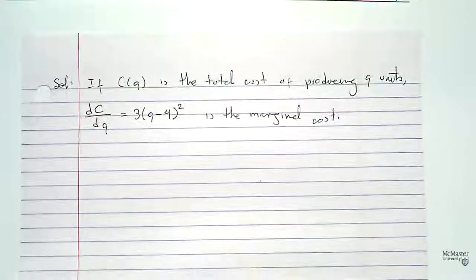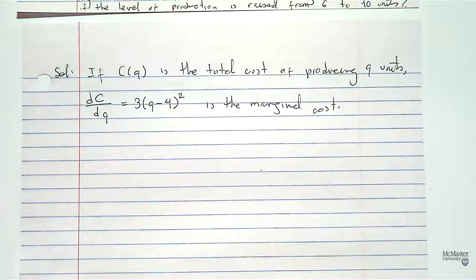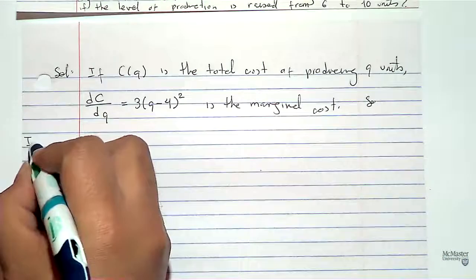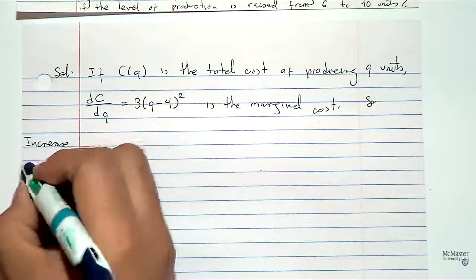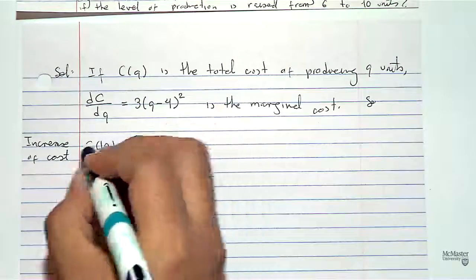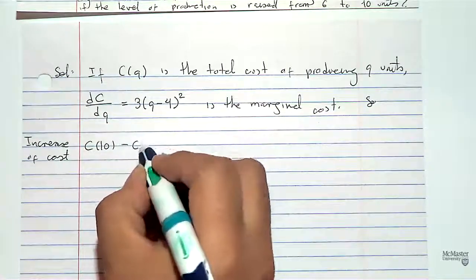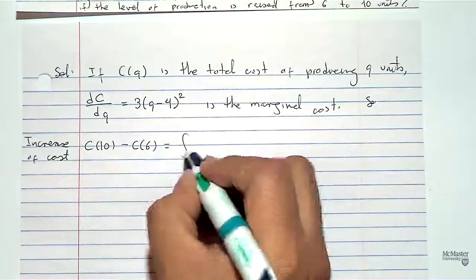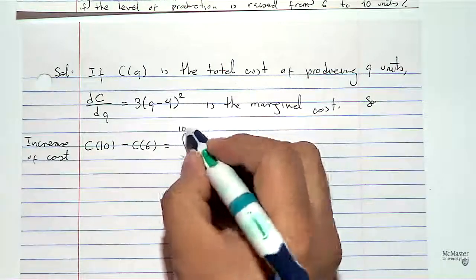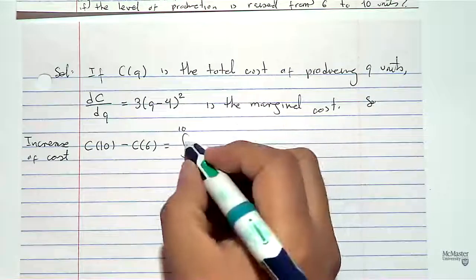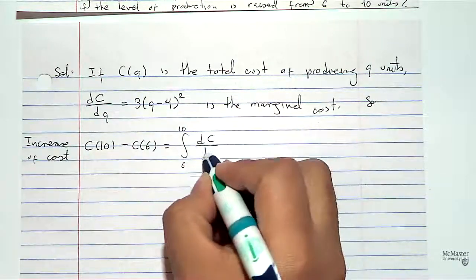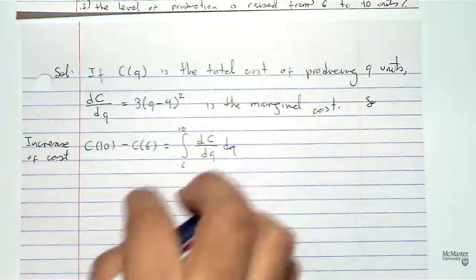So what you want to find is the increase in the cost, which is basically the difference between the cost at 10 units minus the cost at 6 units. So again, fundamental theorem of calculus, just apply with this particular example, the definite integral between the endpoints of the derivative, which is dC over dQ.